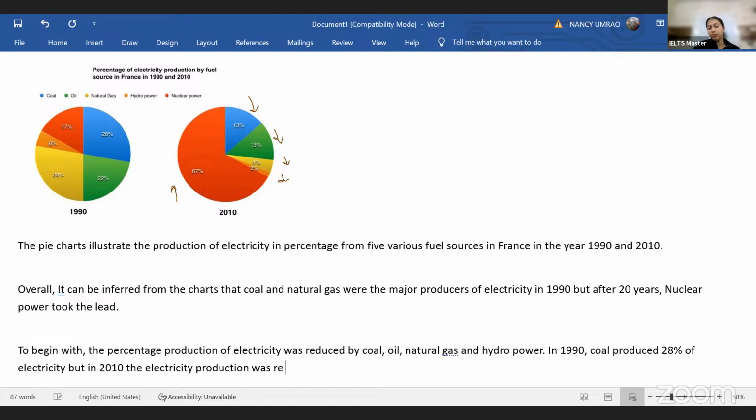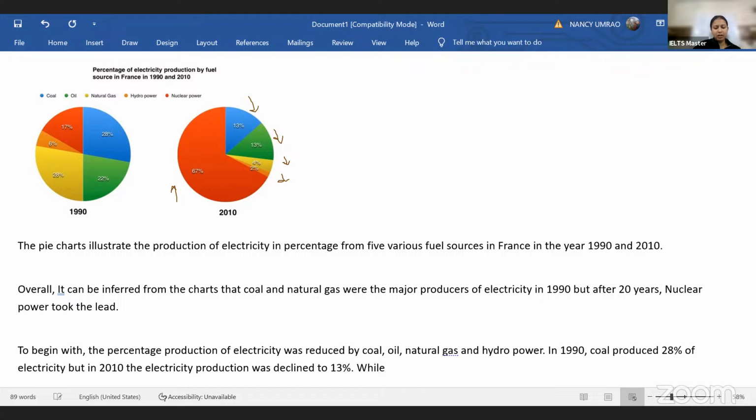Now, I used the word reduced, so I will use a synonym: declined to 13%. Is that clear? Yes, ma'am. Full stop.